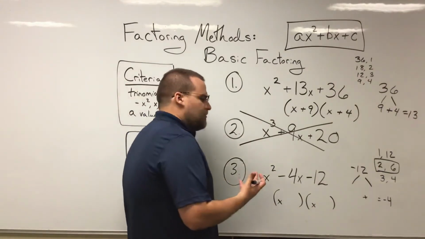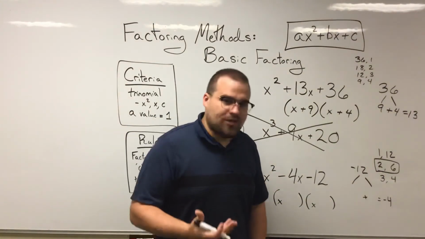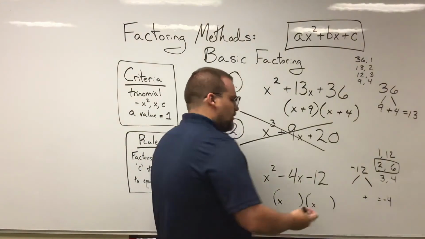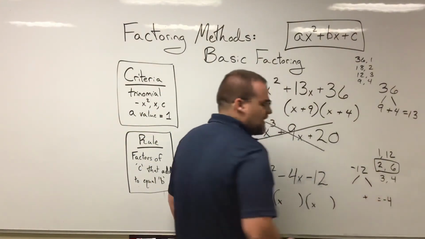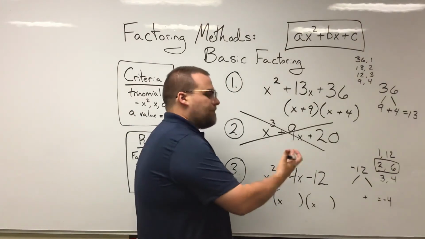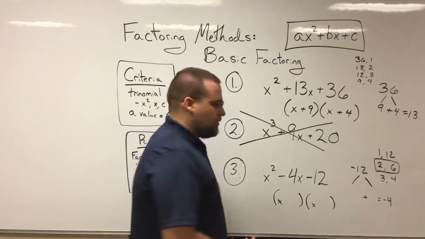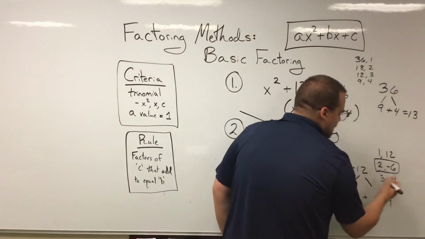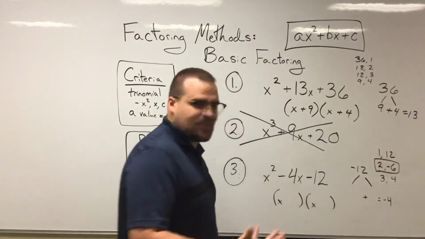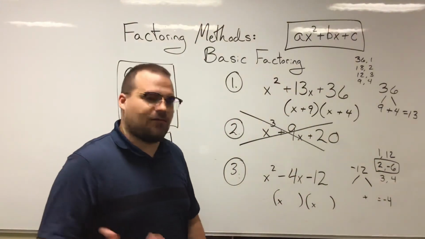Now what I have to do is figure out, is the 2 going to be negative or is the 6 going to be negative? Well, since this says they have to add together to make a negative 4, then the larger number is going to have to be negative. So we would have a negative 6. Positive 2 plus negative 6, or minus 6, is going to get us a negative 4.